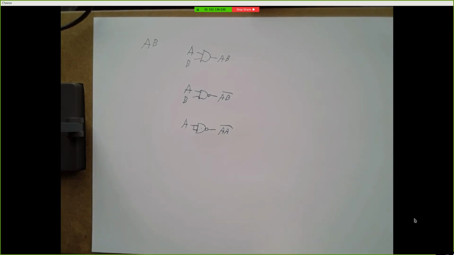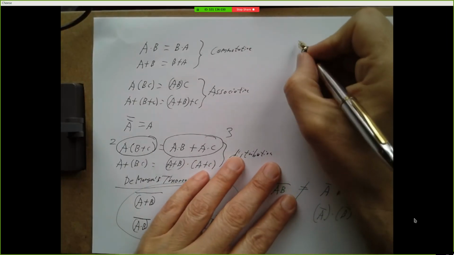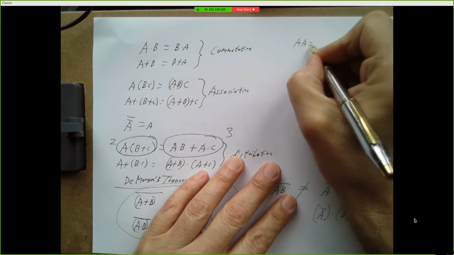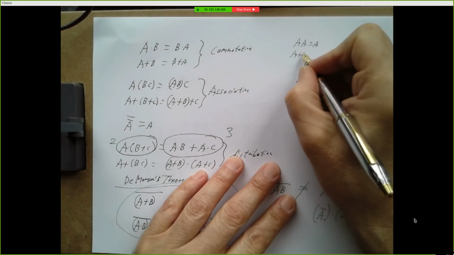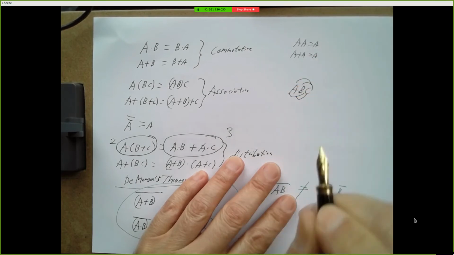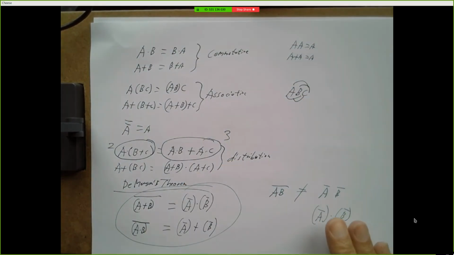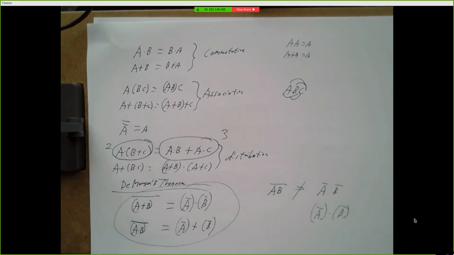Well, one set of theorems that I didn't give you is, for example, A ANDed with A is just equal to A, and A ORed with A is just equal to A. And you can get that from the truth tables, right?